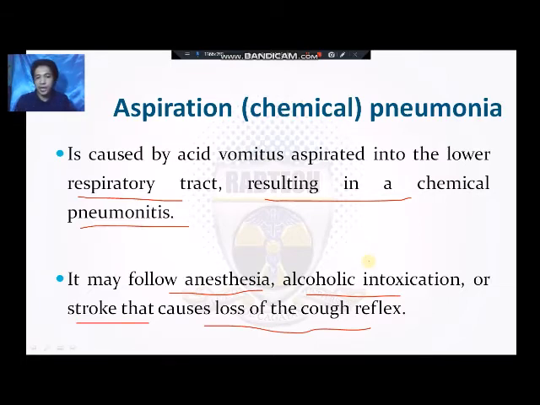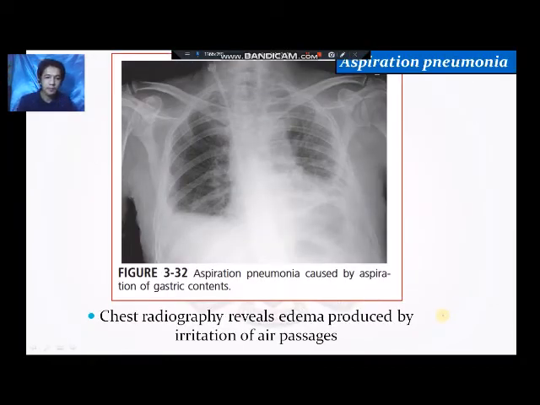So if the cough reflex is absent because of anesthesia or maybe stroke, no? Or maybe because of alcoholic intoxication, our response is delayed because the nerve endings are not activated, because of intoxication. So most of the materials will flow towards the respiratory tract, if ever the patient vomits. Okay?